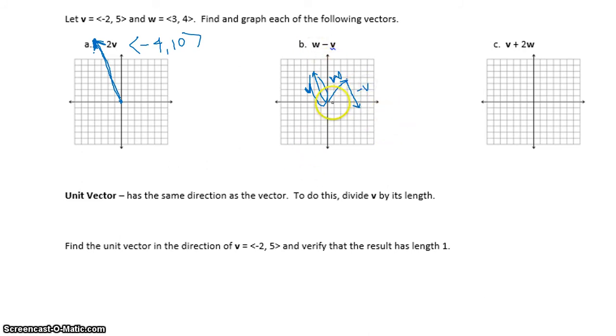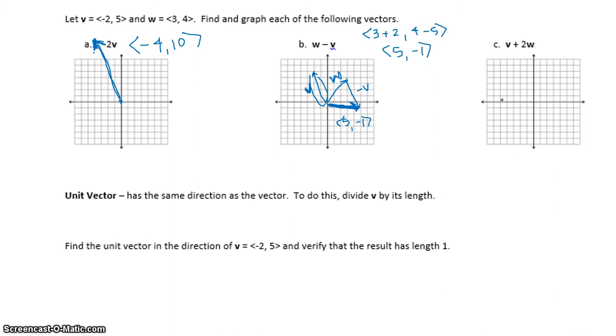The actual vector of W minus v should be this one right here, which based on this looks like it's right 5, down 1, and we could check that with W minus V. That would be 5, negative 1. But when I'm doing subtraction, I can just connect. I do the first vector, put the second vector from the end of that one, and then if I connect them, that's my third vector.